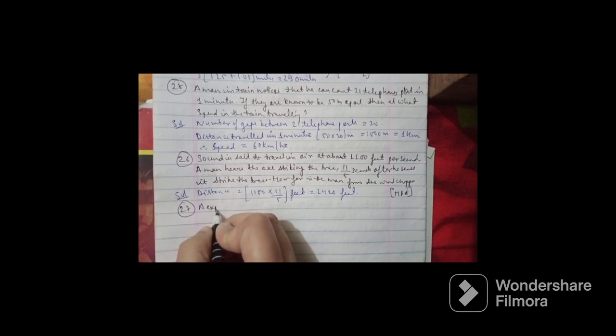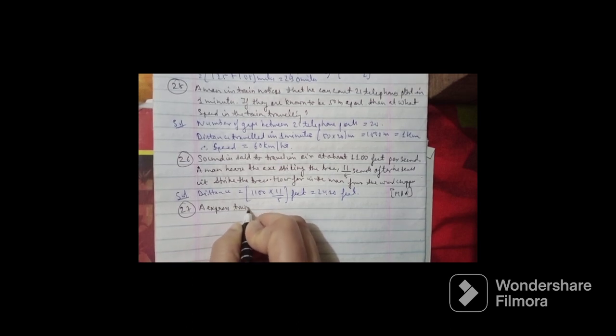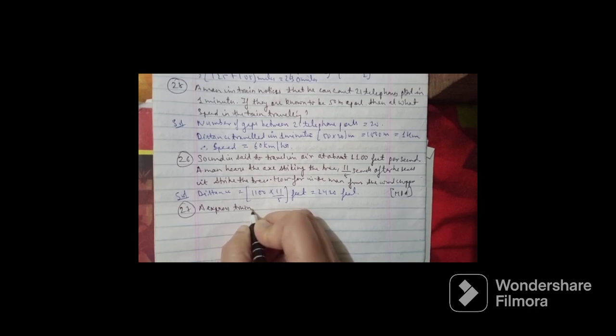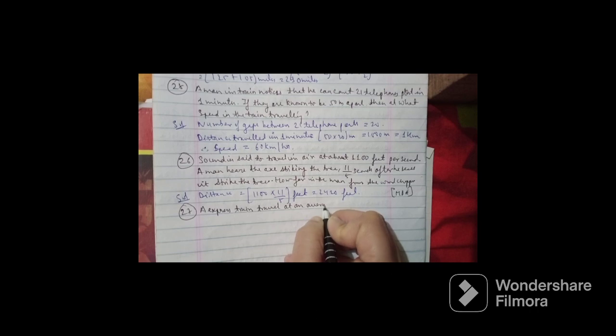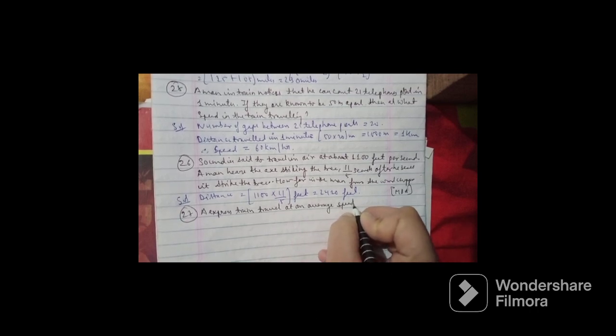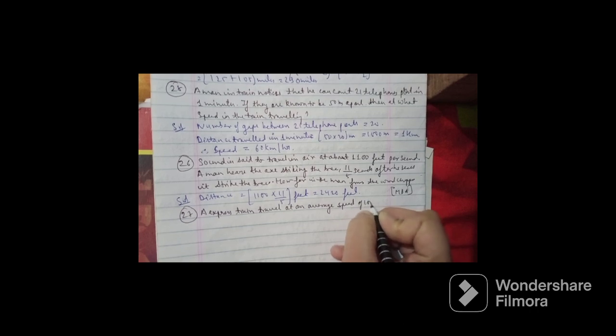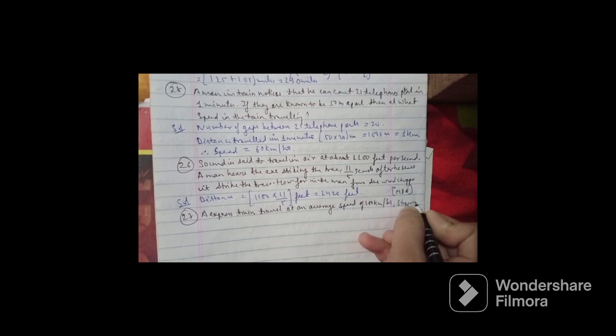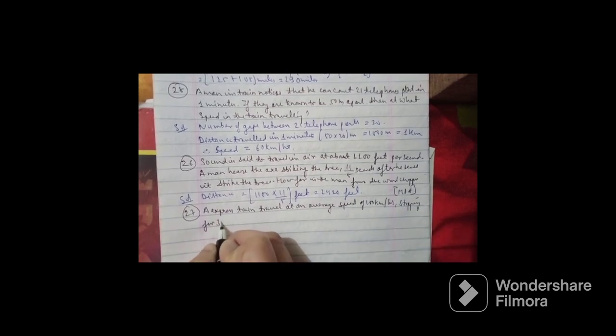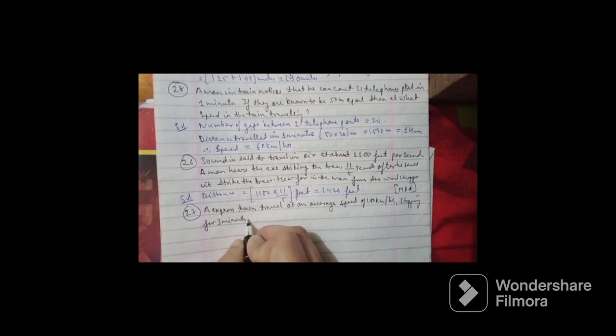So for that, we'll go for it. An express train traveled at an average speed of 100 km per hour, stopping for 3 minutes after every 75 km.